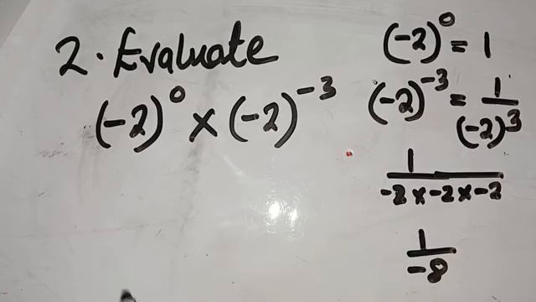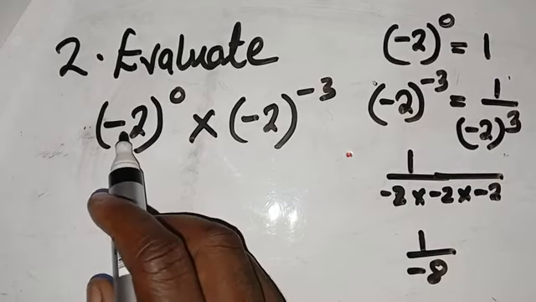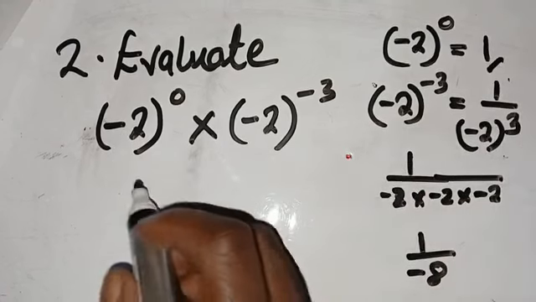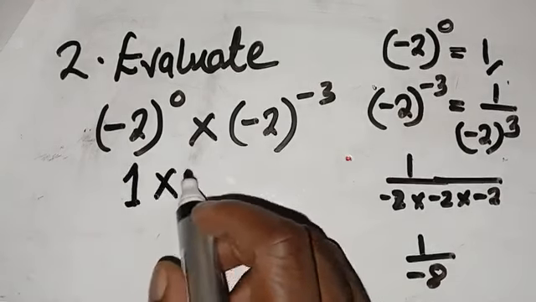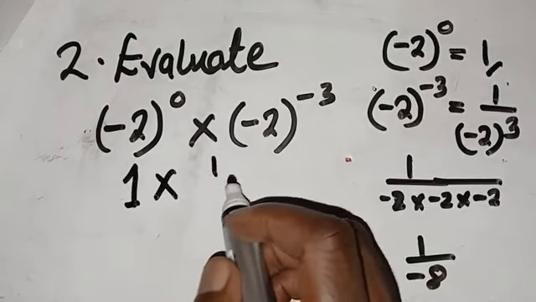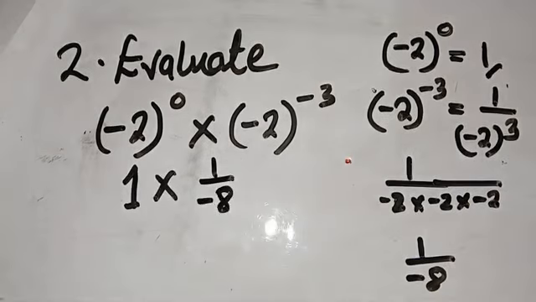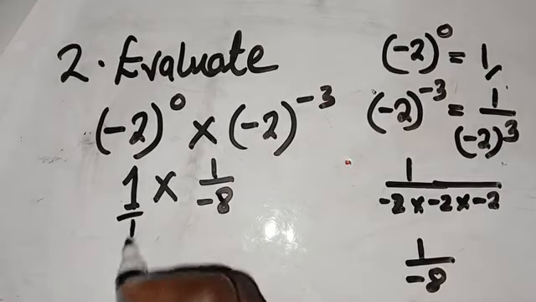Then now, when I bring you to the question, as you saw here, this is going to be 1 multiplied by, we said this is going to be 1 over -8. And you know that this one is the same as 1 over 1.